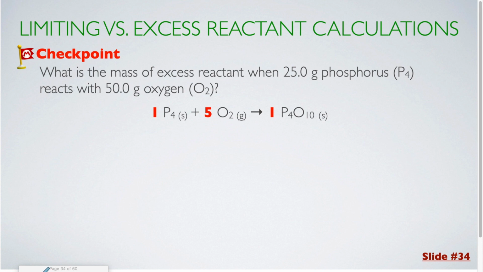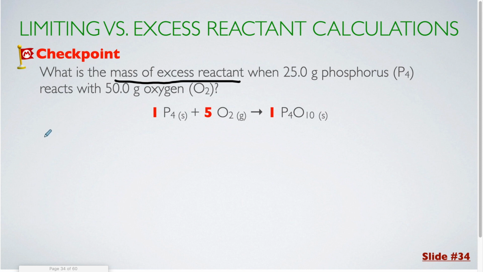This next checkpoint question is kind of a follow-up. So we have the same exact masses for each of our 2 reactants. This time we're trying to figure out the mass of that excess reactant. So since this is a follow-up, I'm going to continue to use the work that we already had from the previous slide.